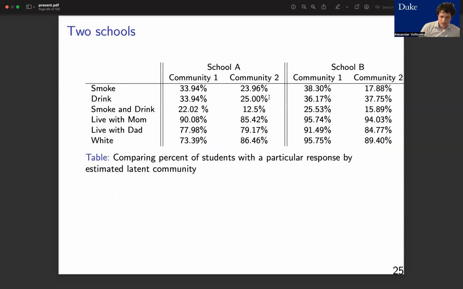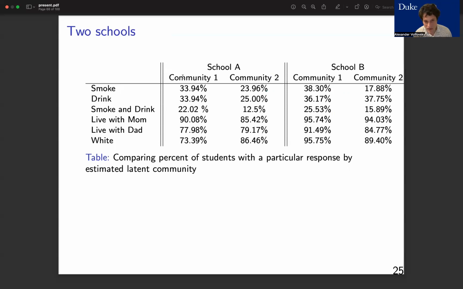So we've applied this to 2 different schools. The first, School A, I believe, is the one that we saw pictures of. We were able to find 2 communities here. These communities are being found simultaneously as we're fitting the actual regression. We see that the communities are not just splitting across a specific predictor.